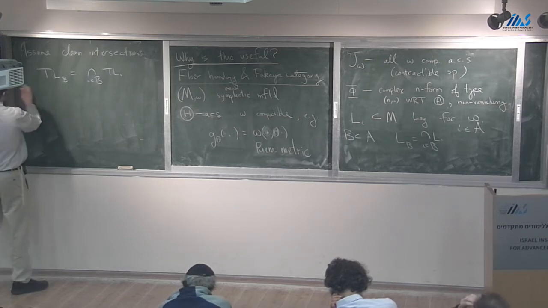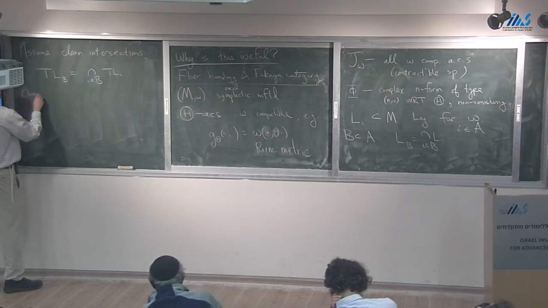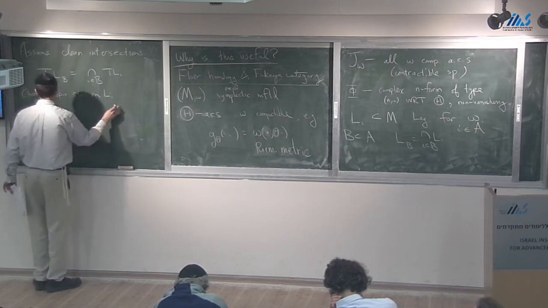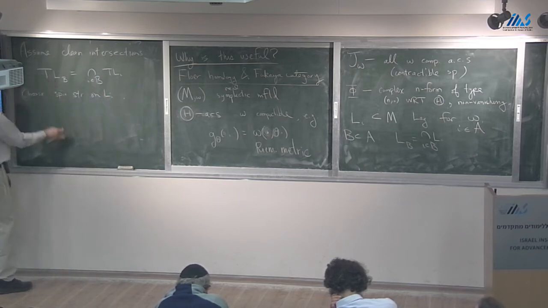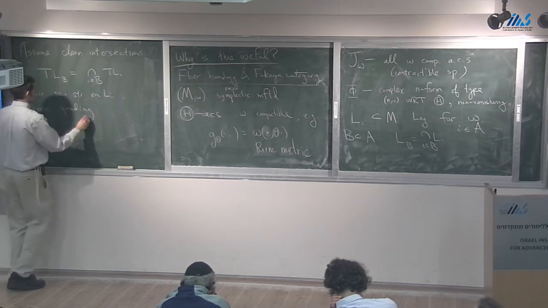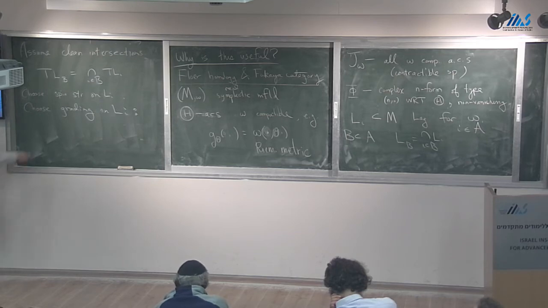All right. In addition, in order to define things, I have to choose a couple extra structures here. Choose a spin structure on L_i. And also, let's choose a grading on L_i. By the way, I could get away with a relative spin structure, if you can guess what that is. If not, then just assume it's a spin structure.